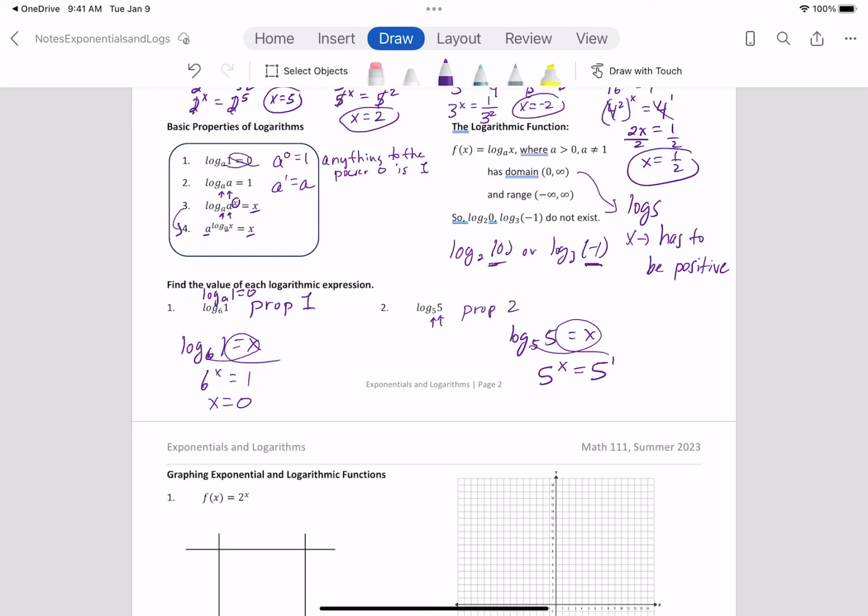And of course this is to the first, and because those bases are the same, we could drop them and we'd get x equal to 1. So anytime the base and the number are the same, we know we're going to get an answer of 1. And if we have a base and the number is 1, we know we're going to get 0. Okay?